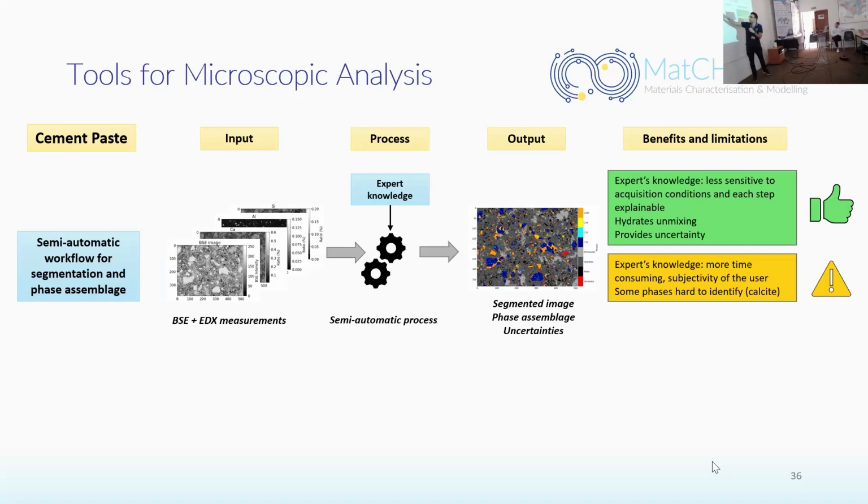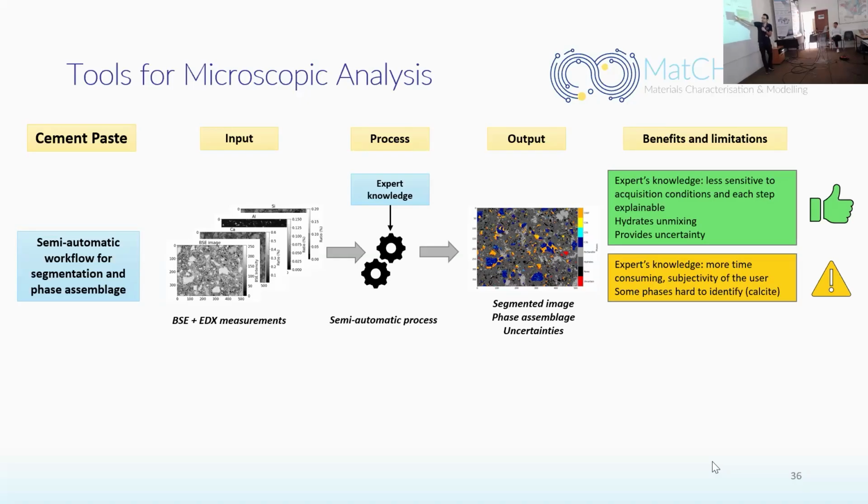So we have developed a workflow which is semi-automatic. Why is it semi-automatic? It's because it requires some expert knowledge to make the annotation. It is based on machine learning, but if you know a bit of machine learning, it's unsupervised machine learning. Because it's unsupervised, we then need some expert knowledge to make it interpretable.